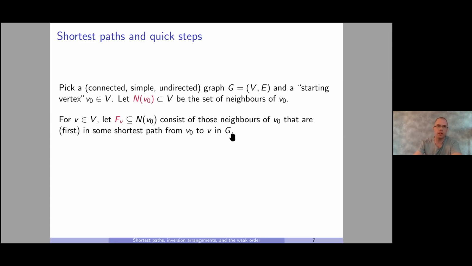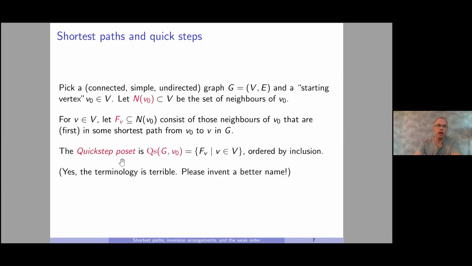So it's some subset of the neighbors. If you take this quick step set for every vertex, you get a bunch of sets of neighbors. You can order them by inclusion. You get this quick step poset, which depends on G and on the starting vertex.